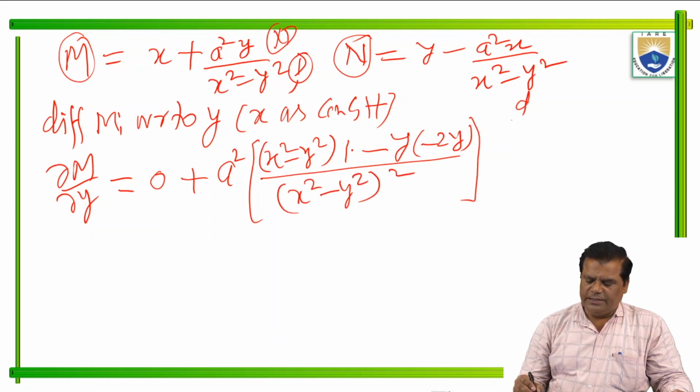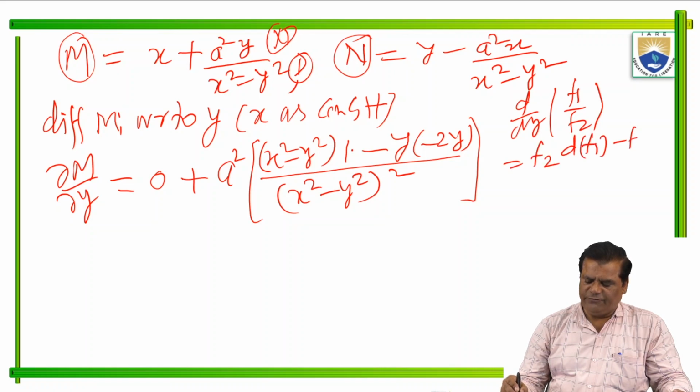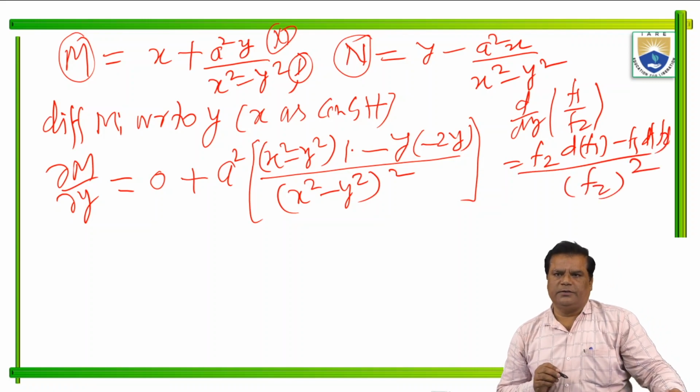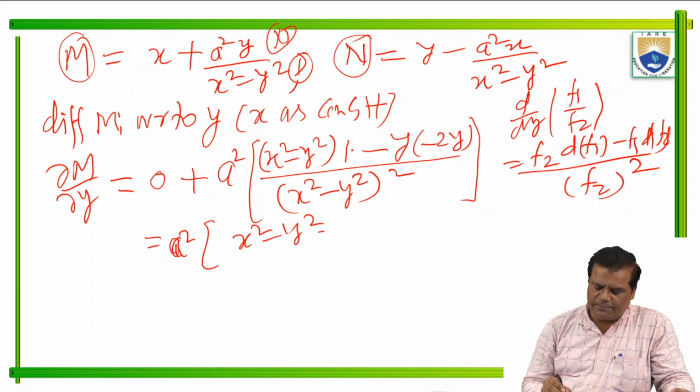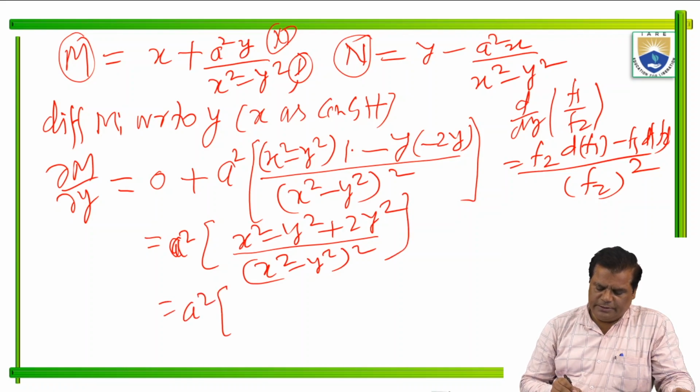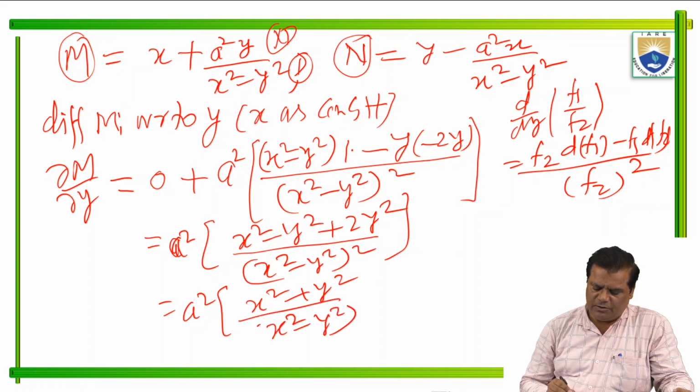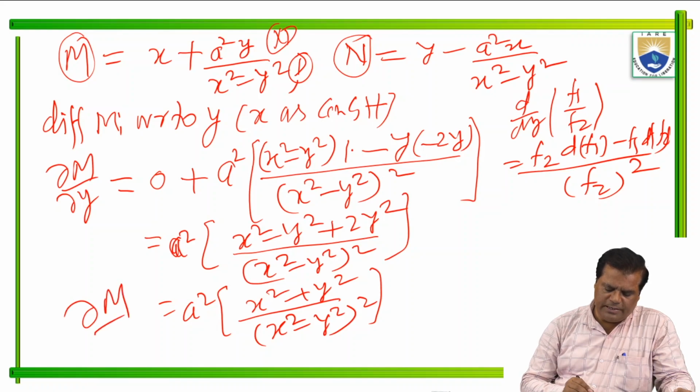Here we apply the formula d over dy of f1 upon f2, so f2 differential of f1 minus f1 differential of f2 upon f2 whole square. So here is a square and in bracket x square minus y square plus 2y square, upon x square minus y square whole square. Now a square and this x square plus y square upon x square minus y square whole square. This is del M over del y.